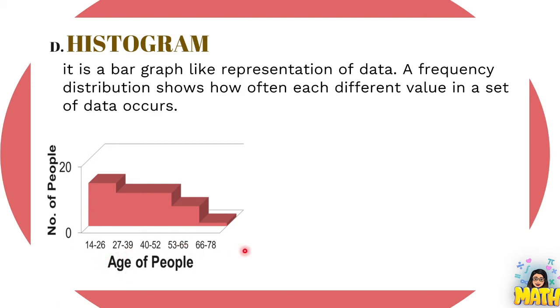Katulad dito, in our horizontal axis, we have the age of people from youngest 14 up to eldest 78. So continuous na tumataas yung age ng tao dito, and as we can see, magkakadikit yung mga bars. Ito ay para mas mapakita kung gaano ka-related yung distribution ng scores na to from one group to another.